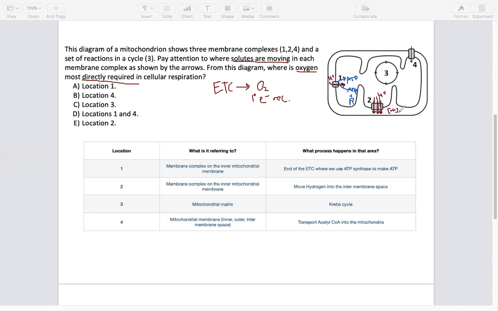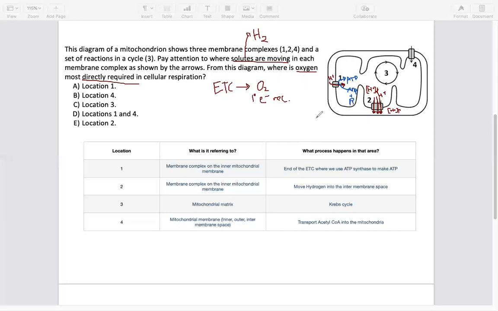And hopefully this is clear. This is a high concentration, and in here we have a low concentration, right? And so the point here is that when we move the solutes, we're thinking about what's actually moving. And in this case, our solute would be hydrogen.